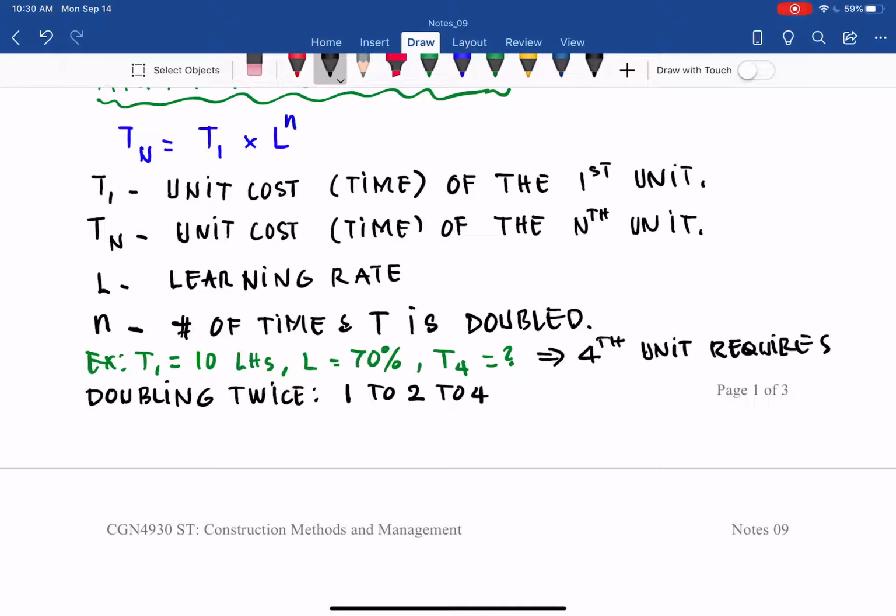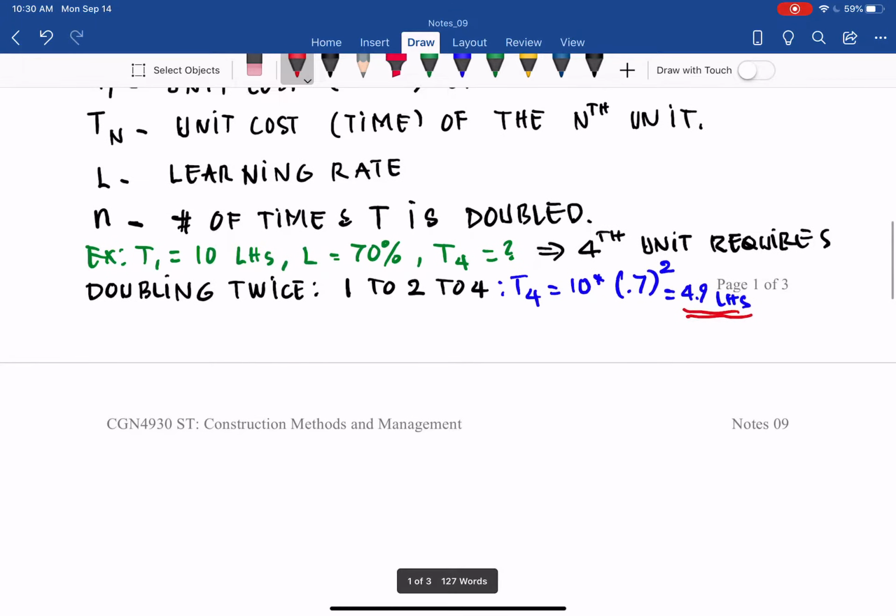So from that we can get T4. T4 equals T1, 10, times the learning rate L, 0.7, to the power n, and n is 2 because of doubling twice, so it will be 4.9 labor hours. That is what we have for that one.